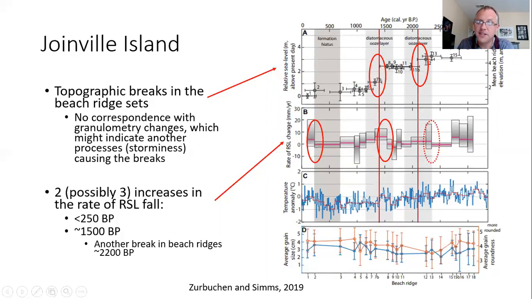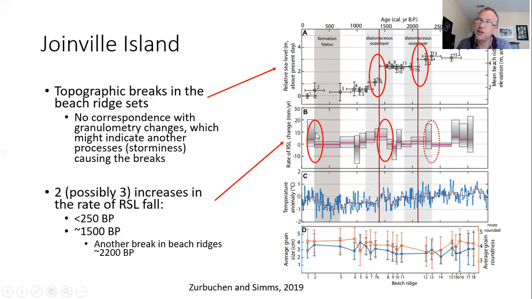Here we can see the 18 meter beach down to the modern beach. This is relative sea level above present day after correcting for the modern beach elevation. And what we can see are these topographic breaks in the beach ridges that correspond to rapid increases in RSL fall or uplift.